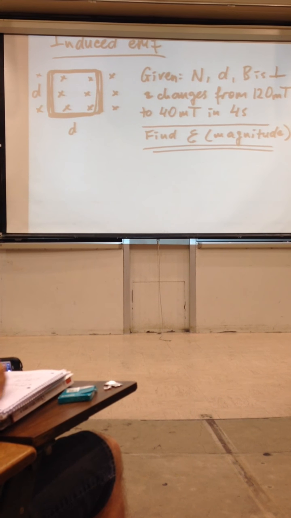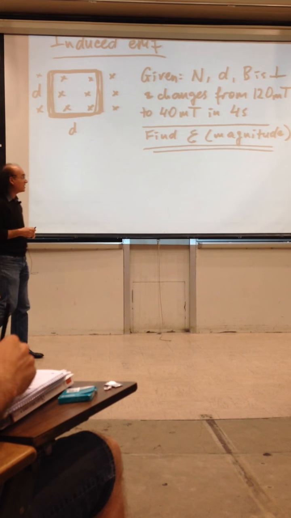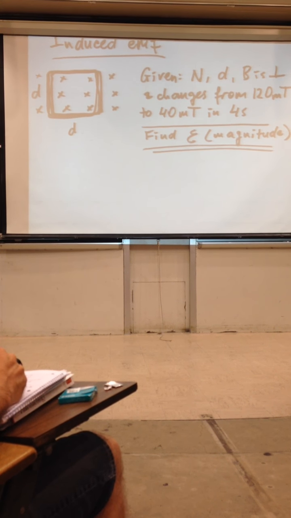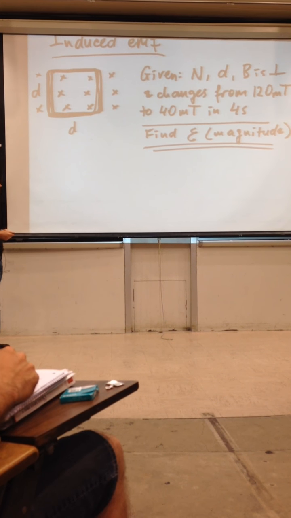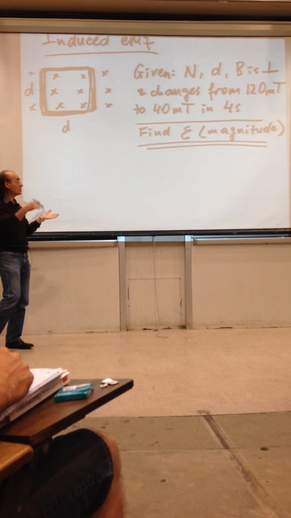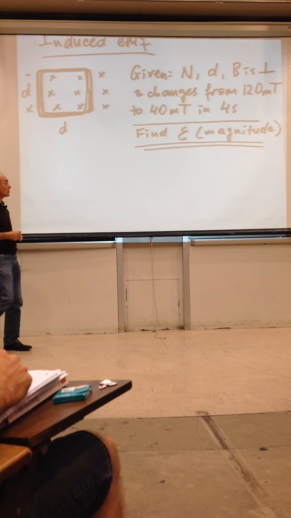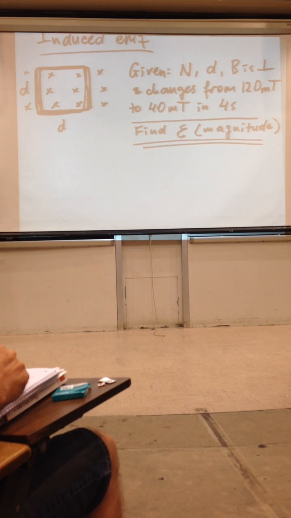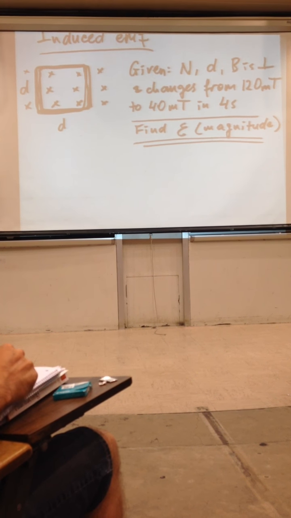So the magnetic field is perpendicular to the surface of this coil and is changing from 120 millitesla down to 40 millitesla in 4 seconds. Find the magnitude of the induced electromotive force.